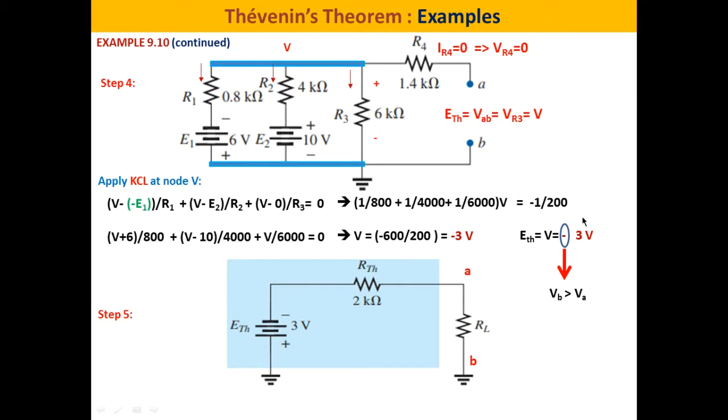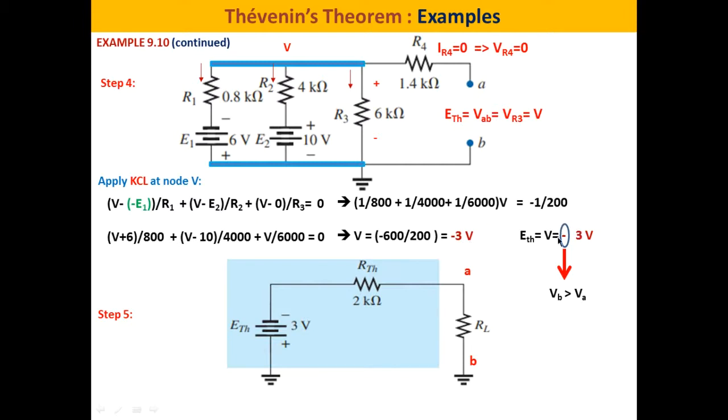If we calculate them, from the other side it becomes minus 1 divided by 200. So, of course, we can determine V. V equals minus 600 divided by 200 equals minus 3 volts.